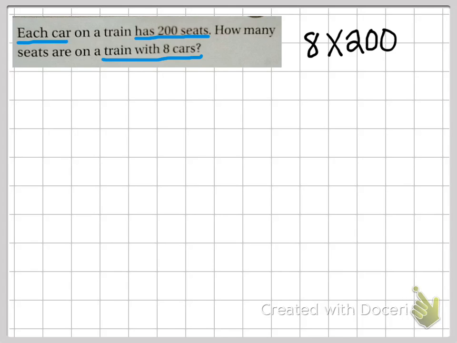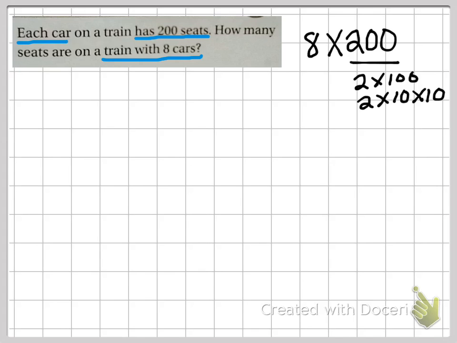When I say powers of 10, I'm thinking of 200. 200 is the same as saying 2 times 100, which is the same as 2 times 10 times 10. So, if we know 8 times 2, we should be able to figure out 8 times 200.